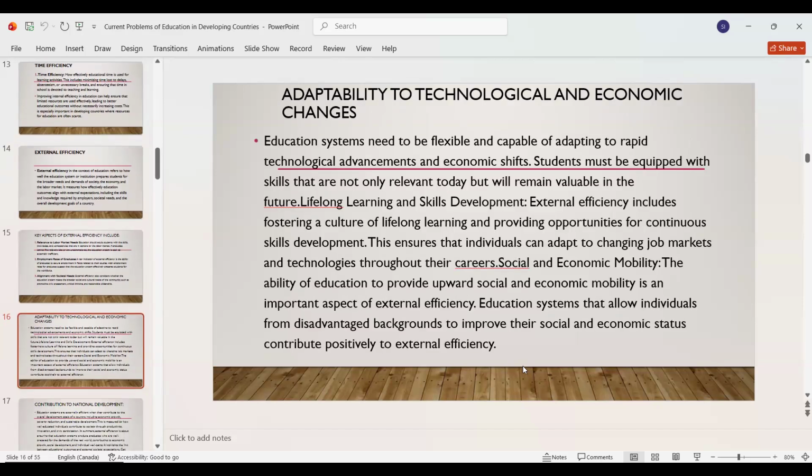Education systems need to be flexible and capable of adapting to rapid technological advancement and economic shifts. So this technological advancement, creative thinking, critical thinking, now only we are learning these types of things, but the developed countries already learned and they are doing a lot of things. They are inventing a lot of things, right?